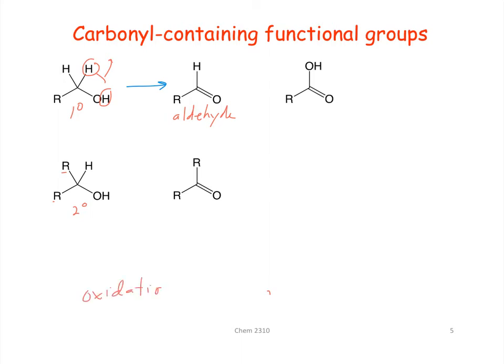Right? Remember in Gen Chem we usually talked about removing or adding electrons, but in organic chemistry we talk about either removing H's or adding oxygen. Alright? Okay, so this first step here then, we call this an oxidation.